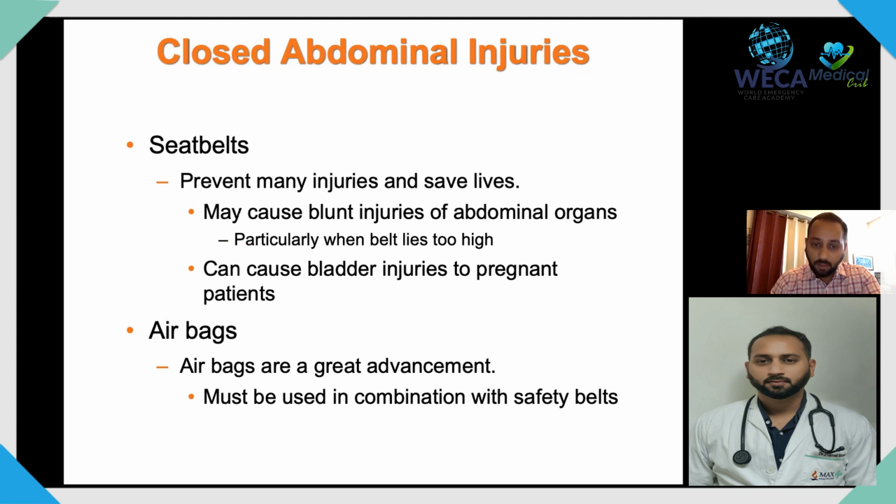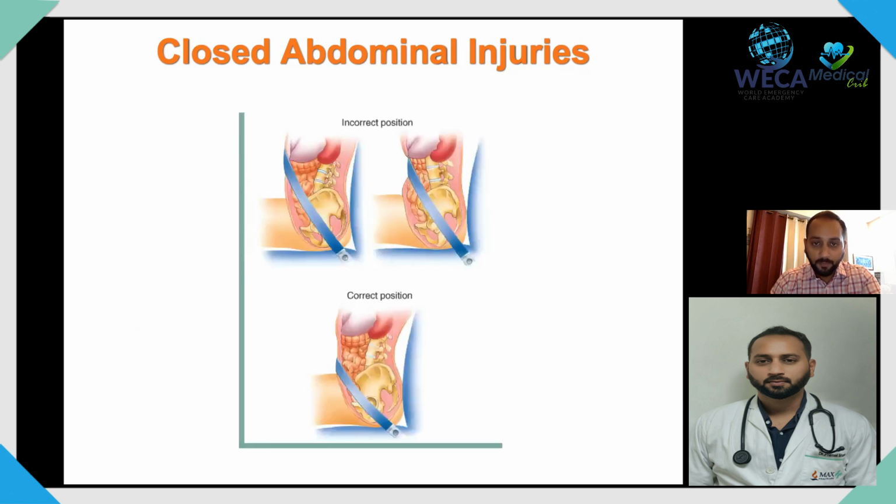Airbags are a great advancement, although they may play a role in seatbelt injuries too. Here is a slide showing some incorrect positions. As we can see in the first two pictures, the belts are placed a little higher, and in these conditions it can cause some mesenteric compromise and can lead to the infarction of the bowel.